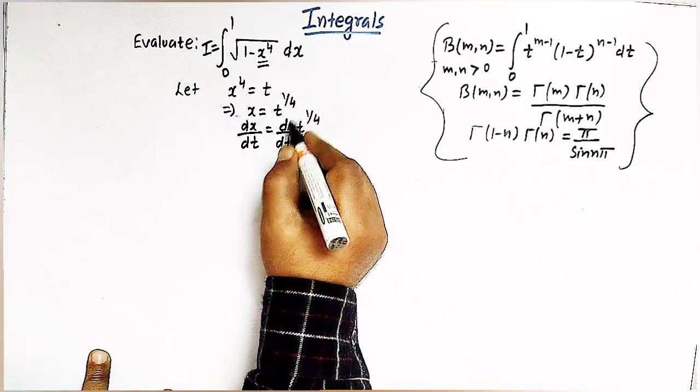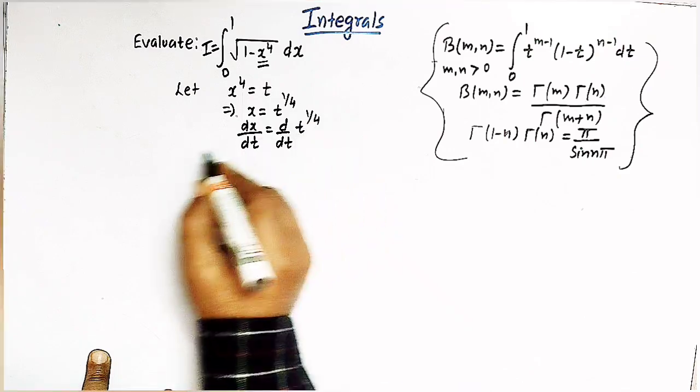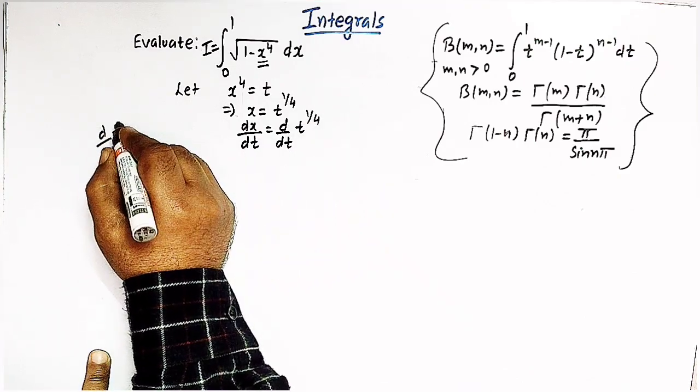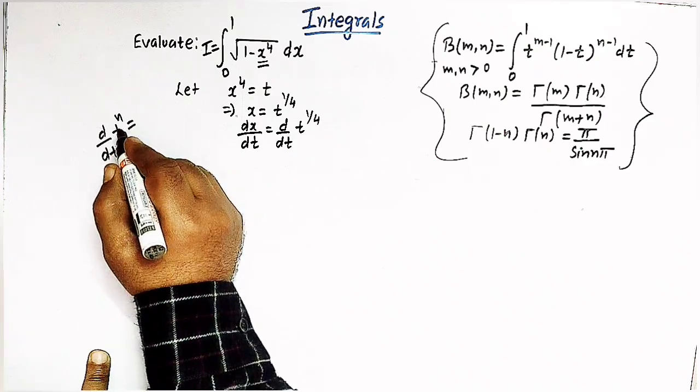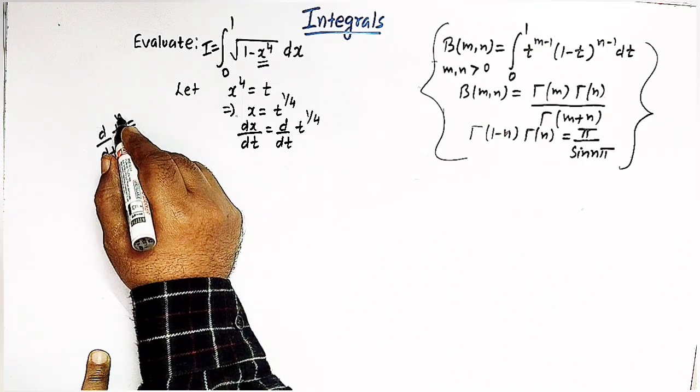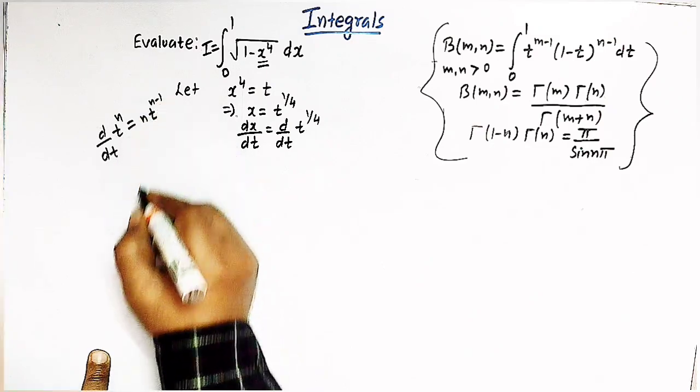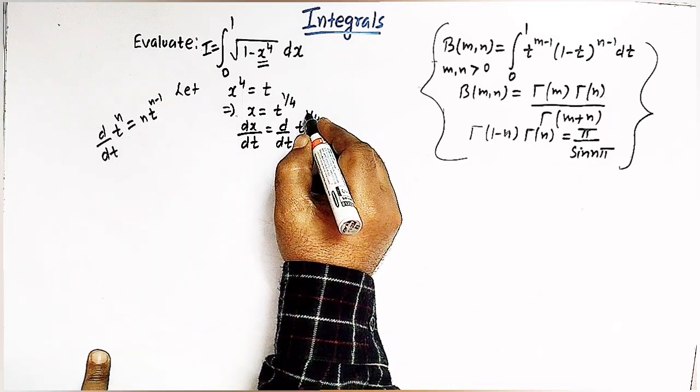Now to get the derivative of t raised to 1 over 4, let us make use of the power rule for differentiation, that is the derivative of t raised to n with respect to t is n times t raised to n minus 1. So here our n is 1 over 4.